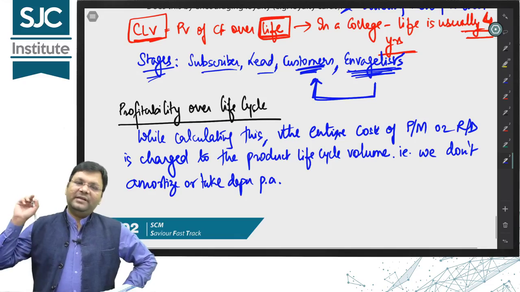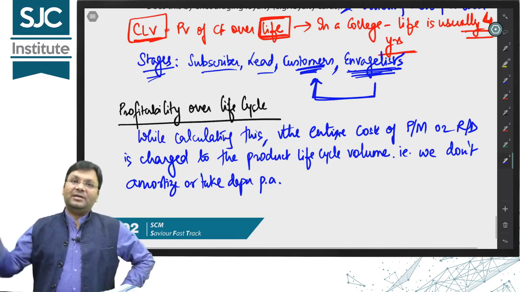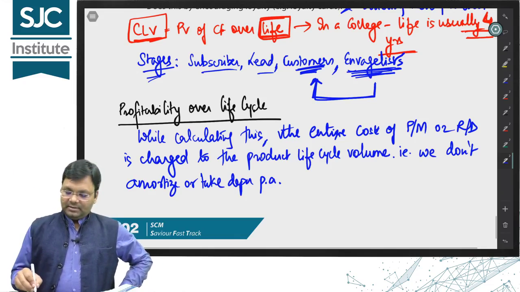So if the question is giving the value of plant as 20 lakhs, charge the entire 20 lakh. Okay.